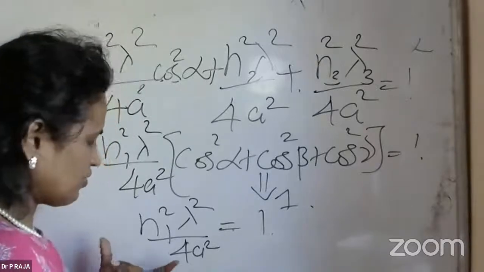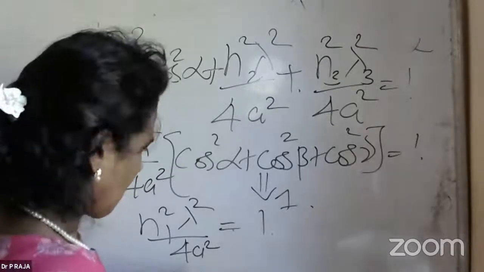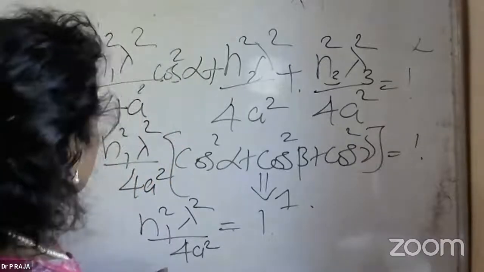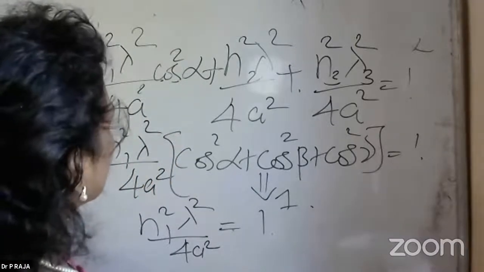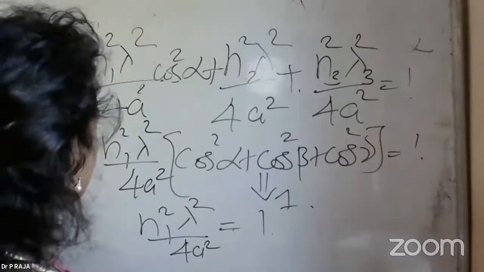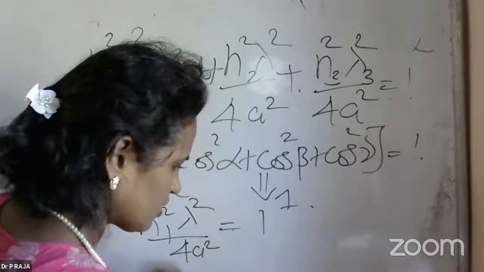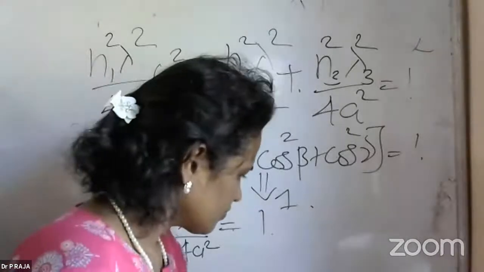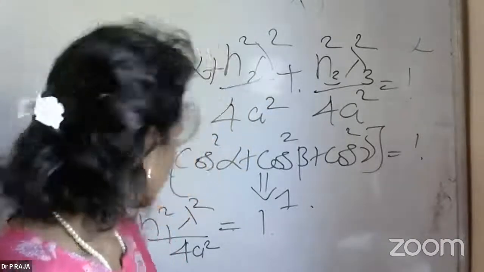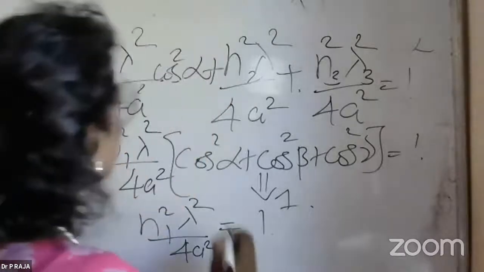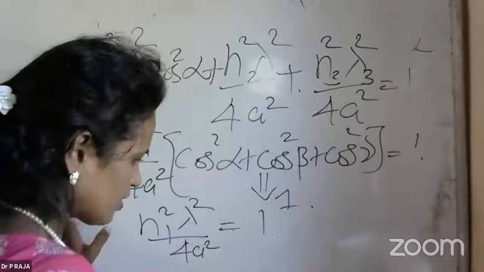So we are interested in finding what? You need to take n1 square, n2 square, n3 square also outside in all the cases. So n1 square plus n2 square plus n3 square.